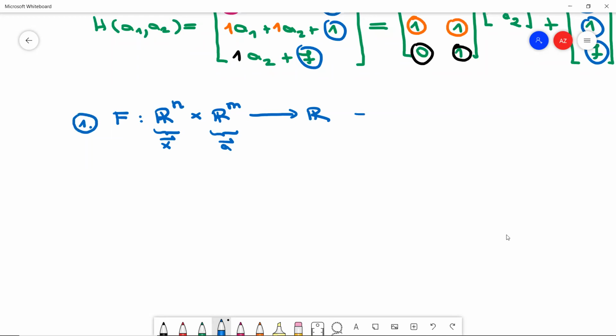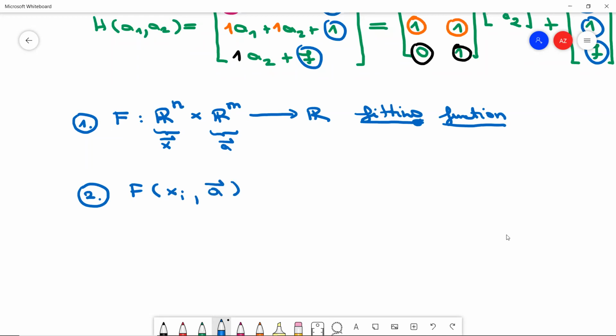So this is a fitting function we choose in our model. So we are given this function in advance. We have to choose it according to a real life model. And then what we form from our data are those equations, f of xi, a vectorial is equal to yi, and this should be true for every i from 1 to m, if m is the number of data points.